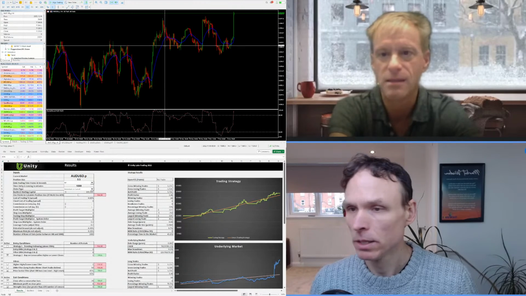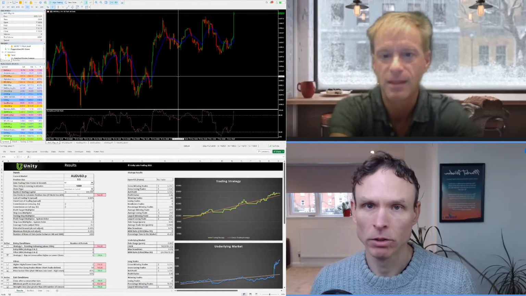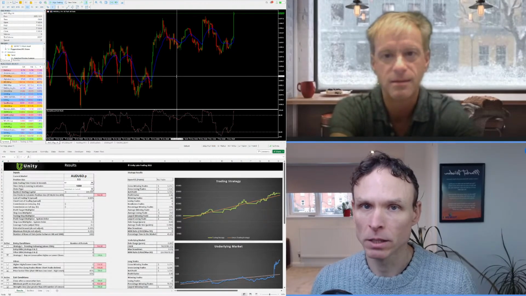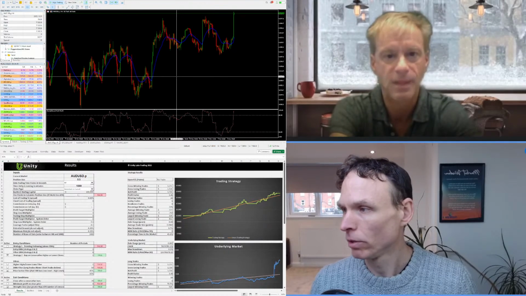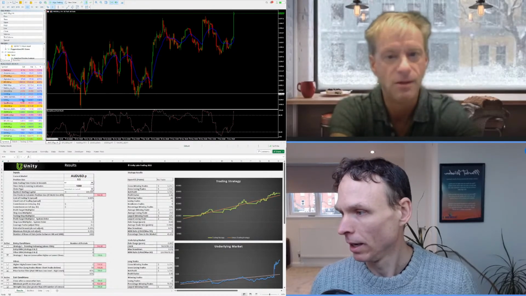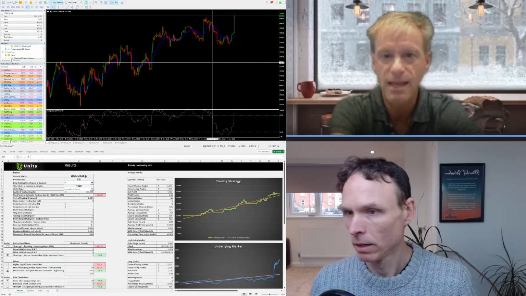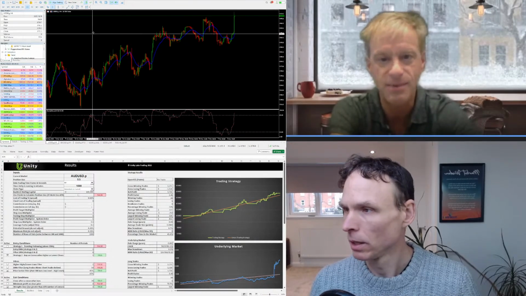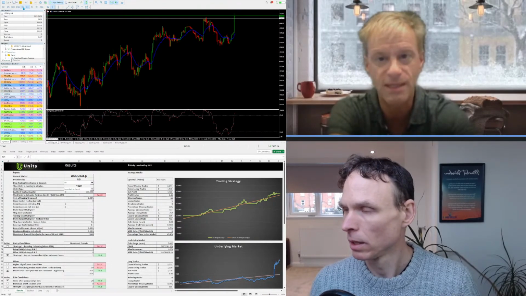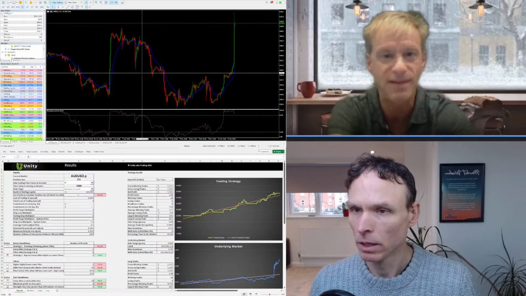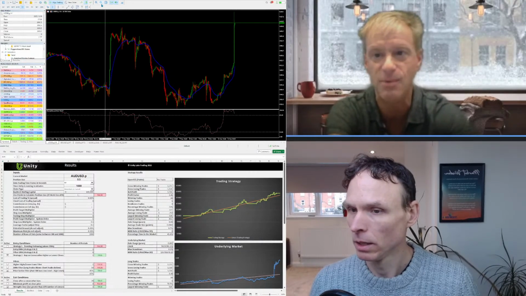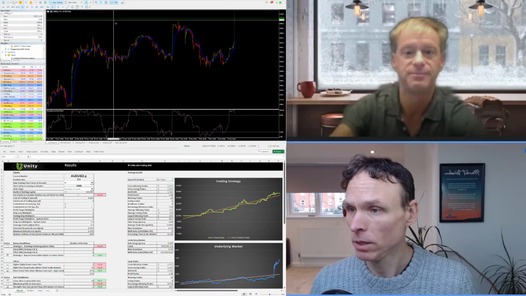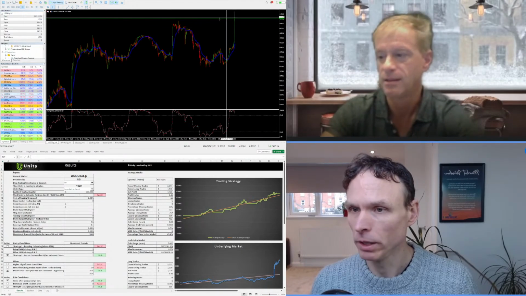So Santa is still on track to deliver some presents for the good traders. There was a lot of resistance, and you know what they say, the more times you hit the resistance, the more likely it is to break above it. I think today might be the day where it does that. Let's see if this has broken the back of the shorts or if they are just regrouping.